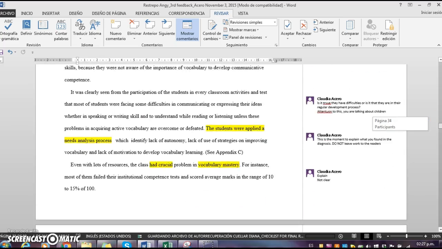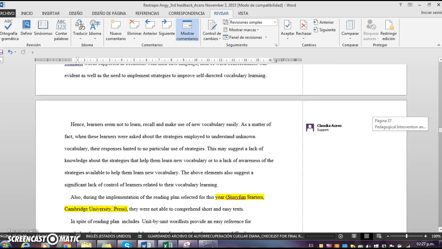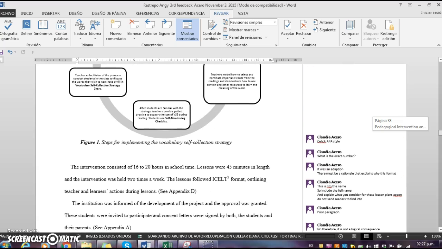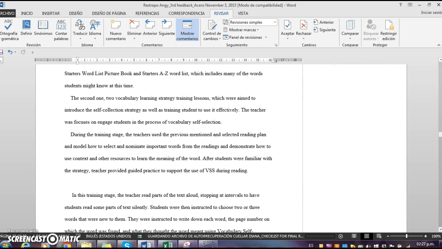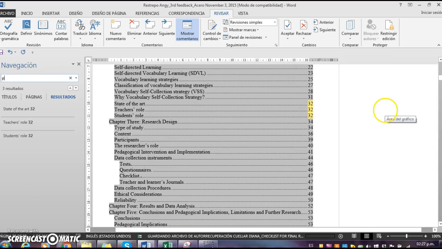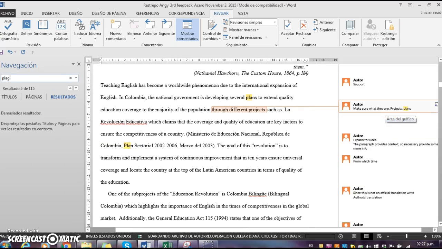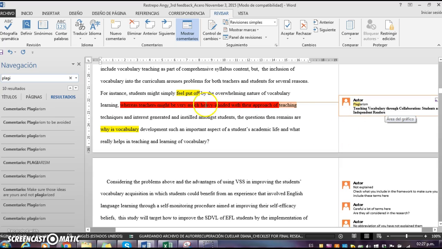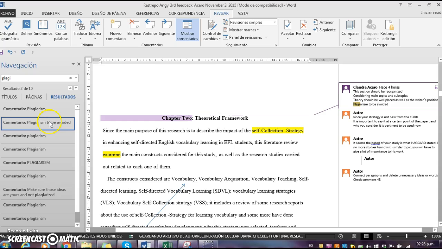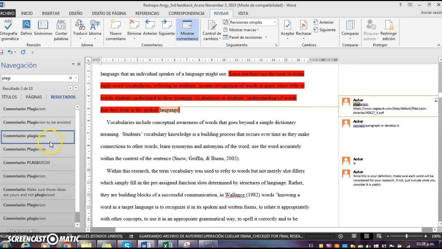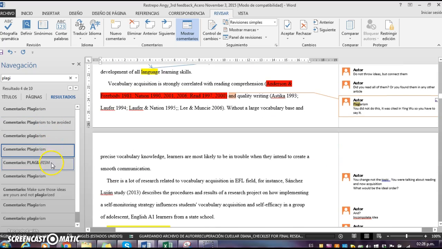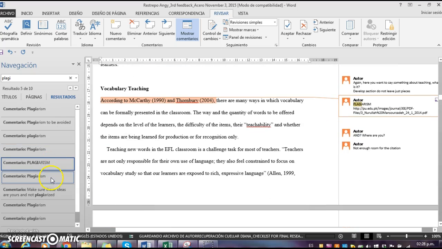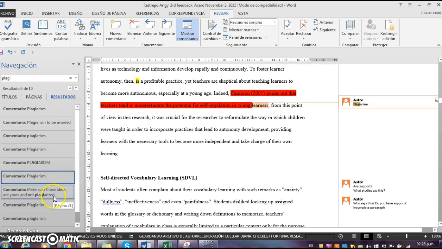There is another issue that you will see in my comments, and it is that a lot of sections are incorrectly cited, and you will find them in red, as you can see here. So there are a lot of sections that I have to cite or highlight because it seems that they are plagiarized.